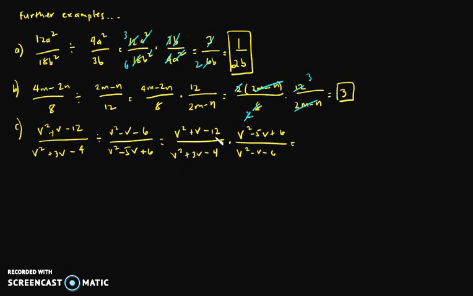Okay, so let's start with this numerator. Negative 12, factors of negative 12 that will give me positive 1 for b, that is 4 and negative 3, so b plus 4, b minus 3.